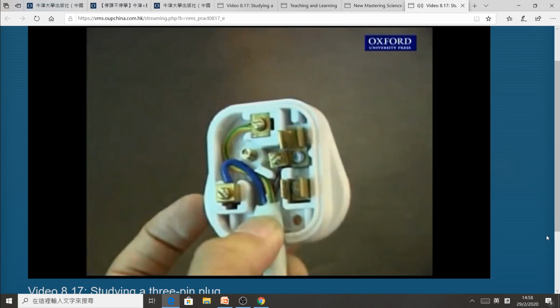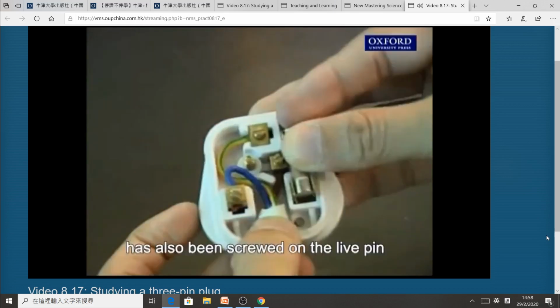After the live wire has also been screwed on the live pin, put in the fuse again. Replace the cover. Now you have wired the plug.